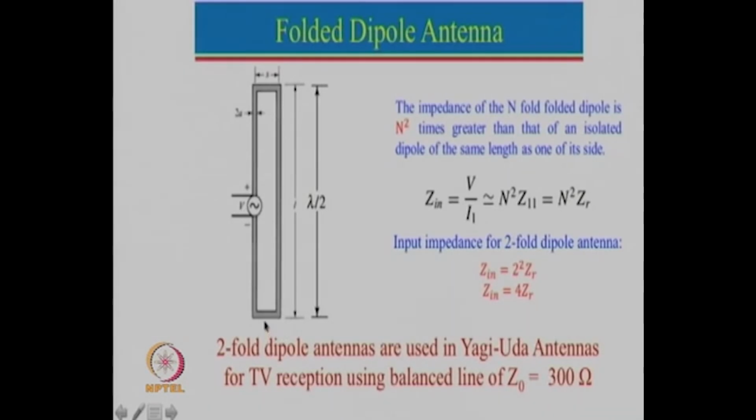When I talk about loop antenna, I will take this particular example one more time, and I will show you that this whole thing can also be analyzed like a loop antenna, and then this particular dimension plays a very important role. When we discuss loop antenna, we will show you that the loop dimension should be approximately equal to lambda.